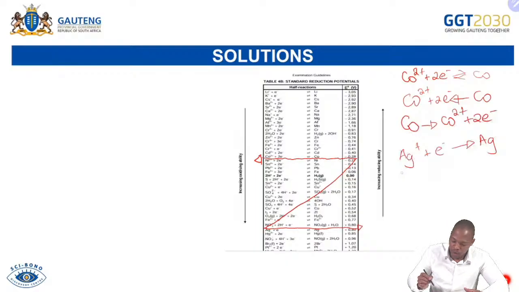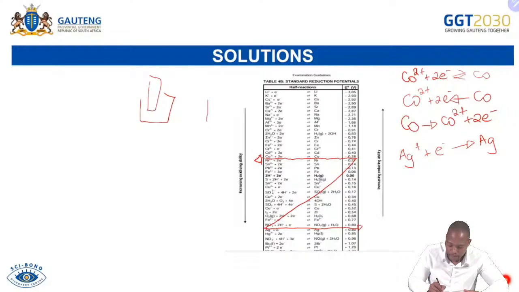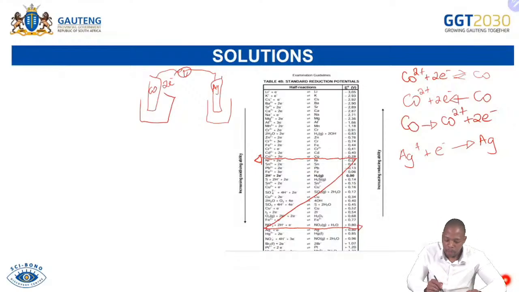So if we had our pickers looking like this, and this is cobalt, and this is silver. This one will give the electrons going in pairs, all right? But when we get here, 1 silver ion only needs 1 electron.